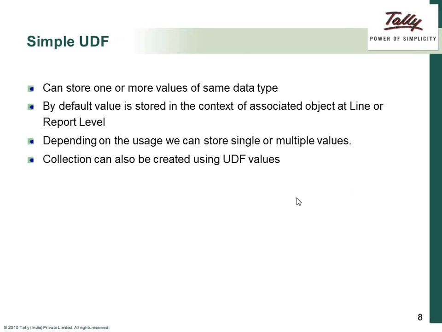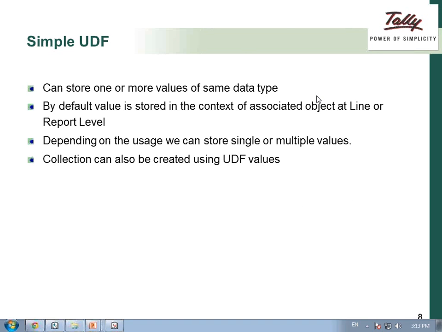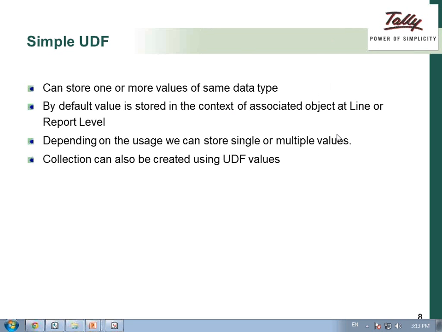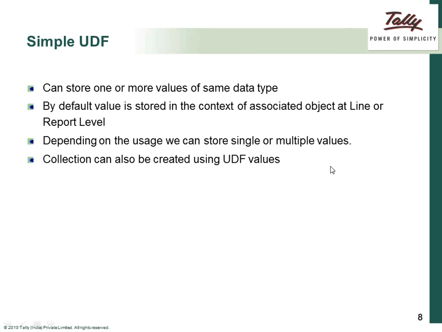By default, value is stored in the context of the associated object at line level or report level. Depending upon the usage, the value will be stored as a single value or a multiple value. And if it's a multiple value, a collection can also be created using UDF.